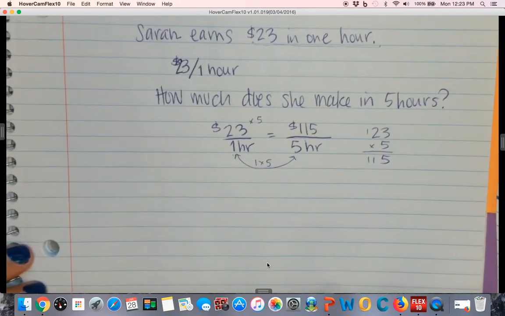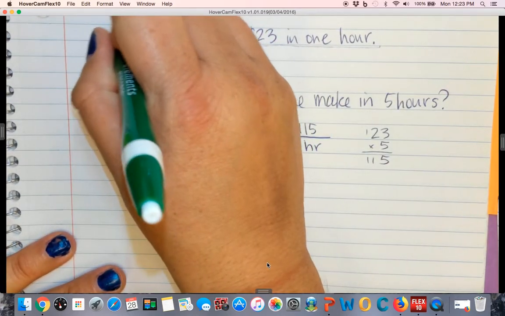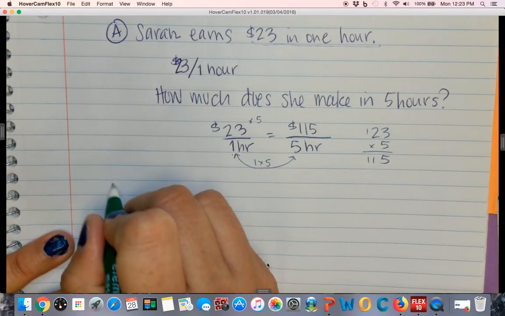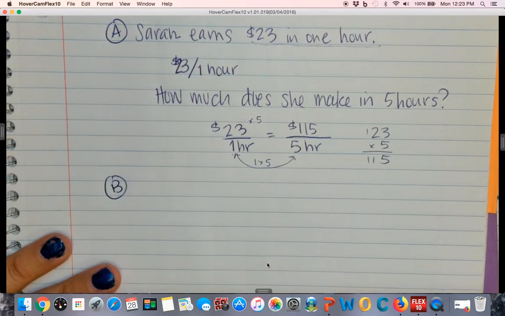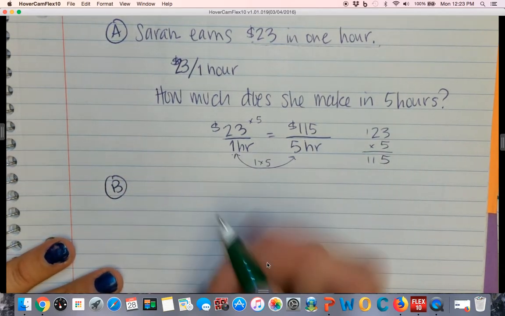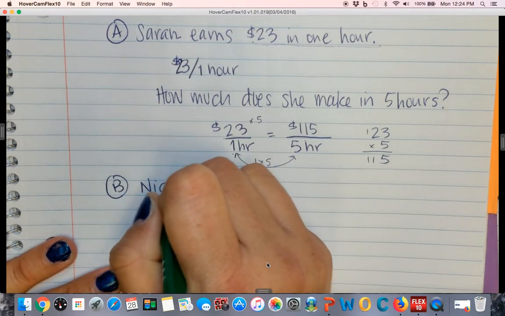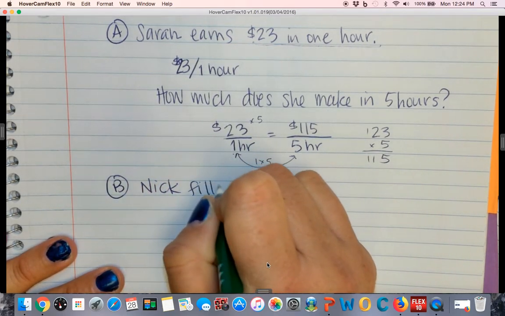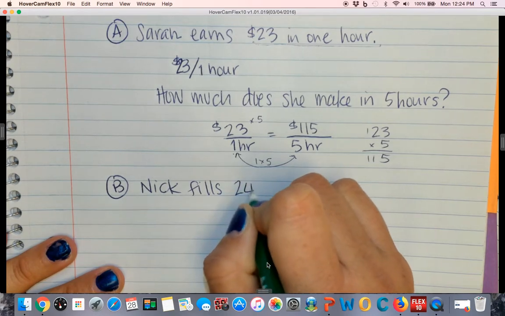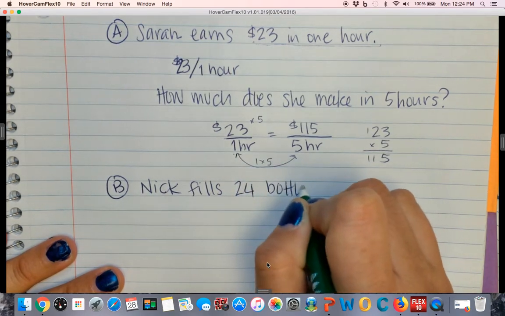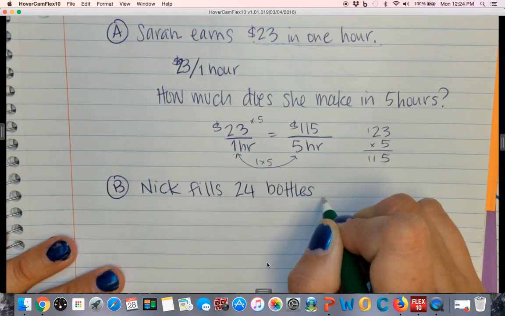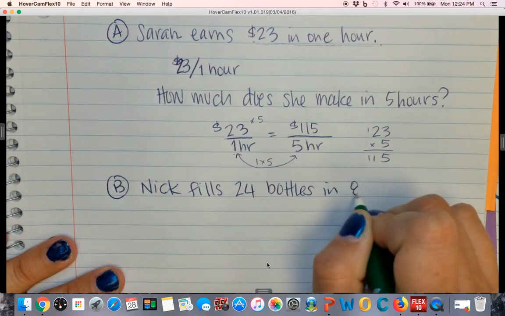Here's example B. Nick fills 24 bottles in 8 minutes.